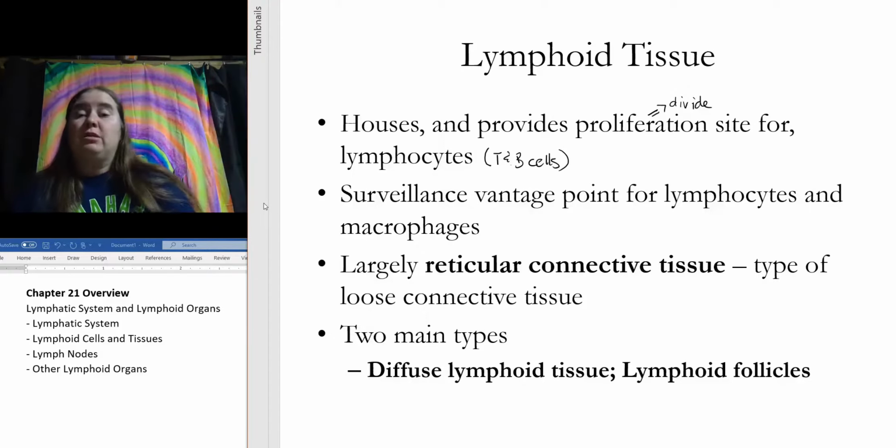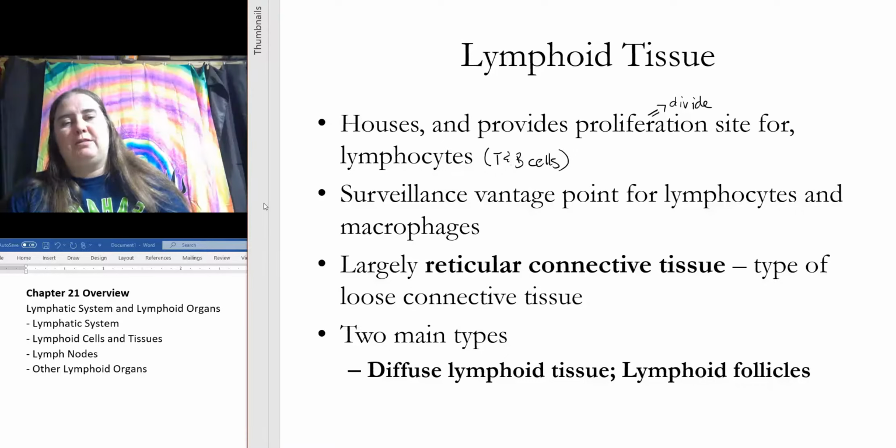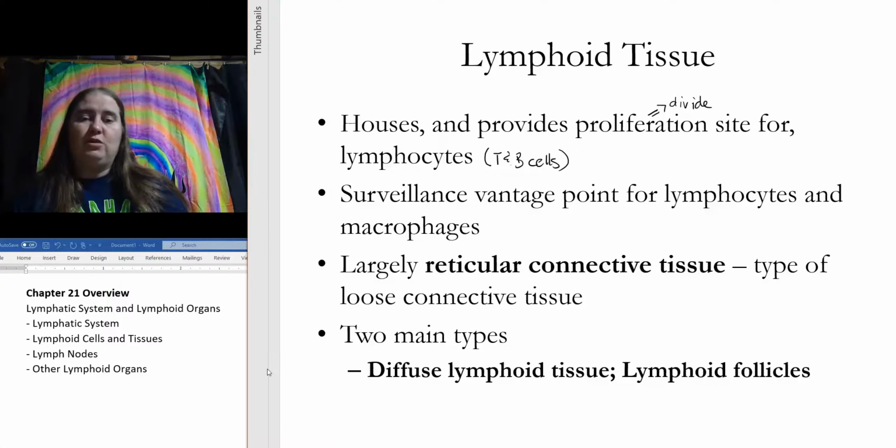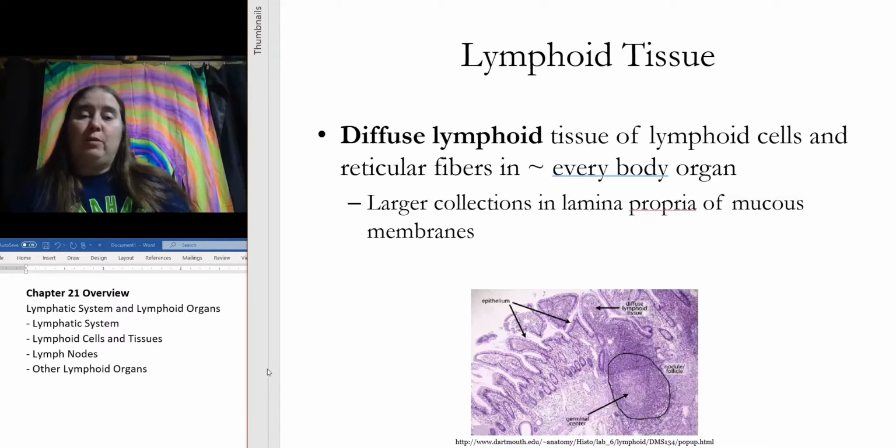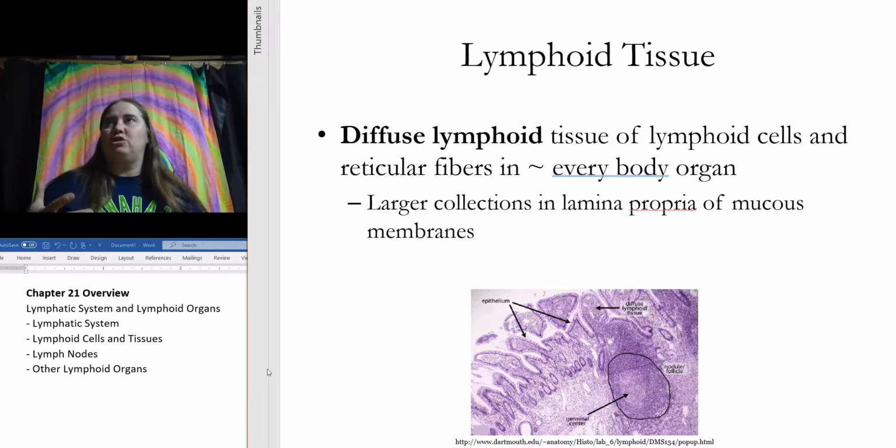Lymphoid tissues are largely comprised mainly of reticular connective tissue, which you all learned about in AMP1. There are two types of lymphoid tissue: diffuse lymphoid tissue and lymphoid follicles. Diffuse lymphoid tissue is unrecognizable, at least histologically. There are no real clear features to it, because it's super diffuse.